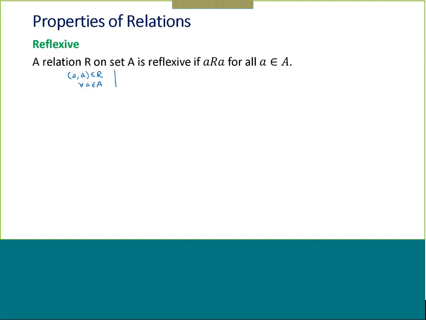Now, what does this mean in terms of your digraph? In the graphical representation, it means you have loops on all the vertices. All the possible loops are in your digraph.